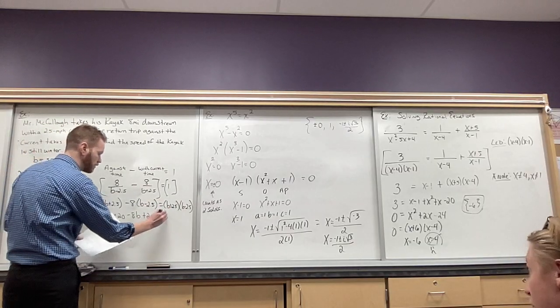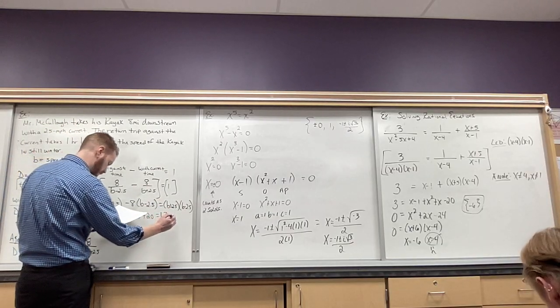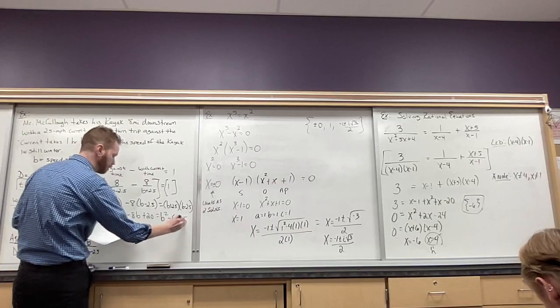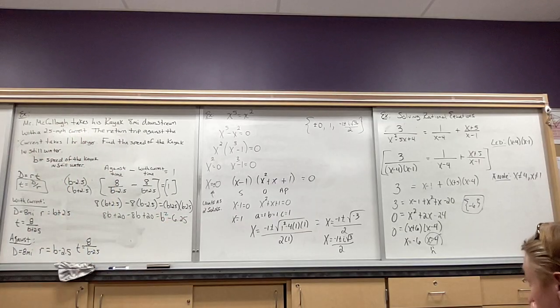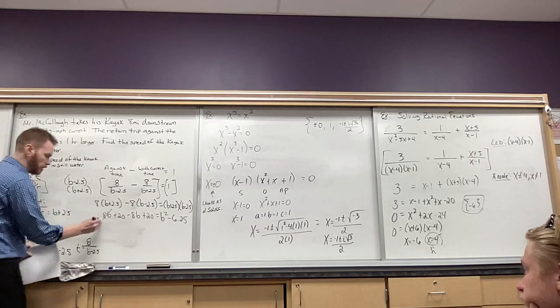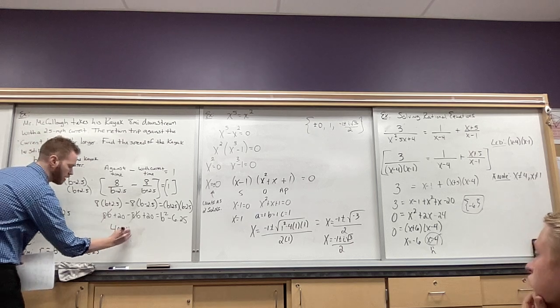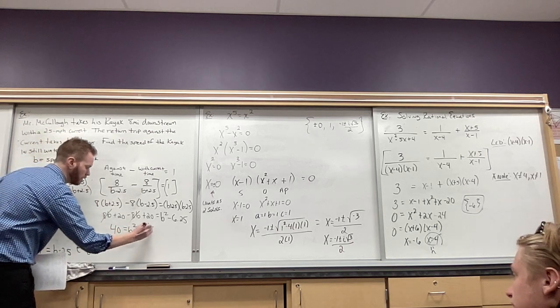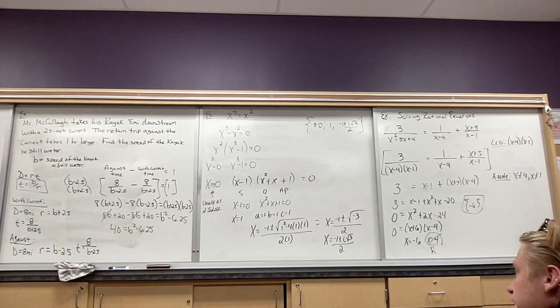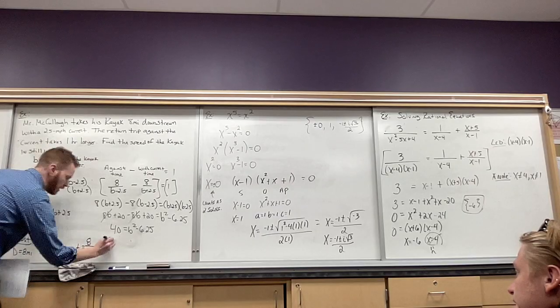So this is just going to be b squared minus 6.25. Okay? So again, just playing it smart. You already know what that pattern is, so use it. These guys are gone. I'm left with 40. B squared minus 6.25. So we're going to add that to the other side.